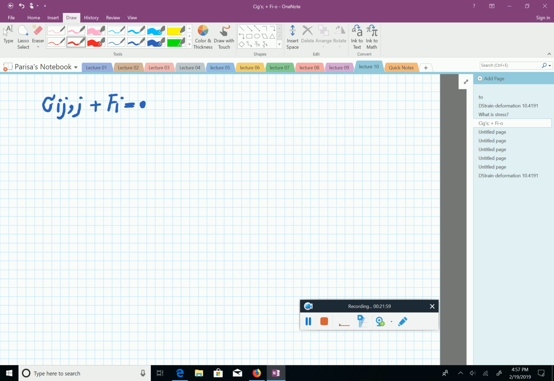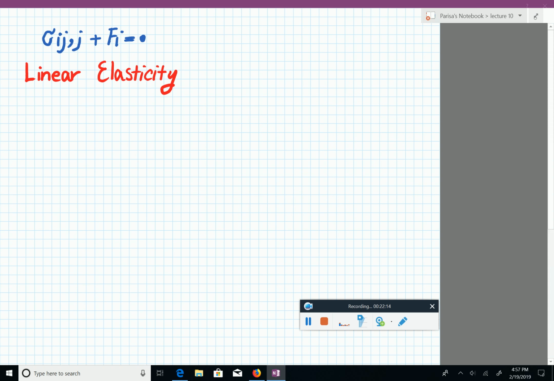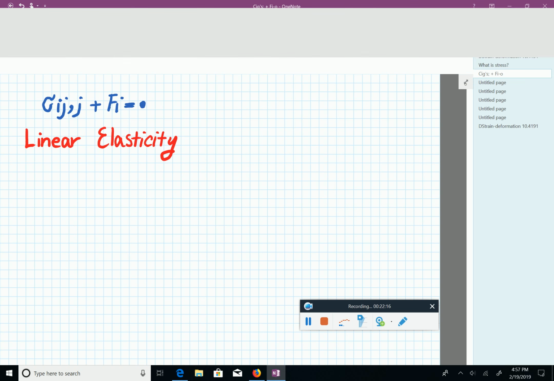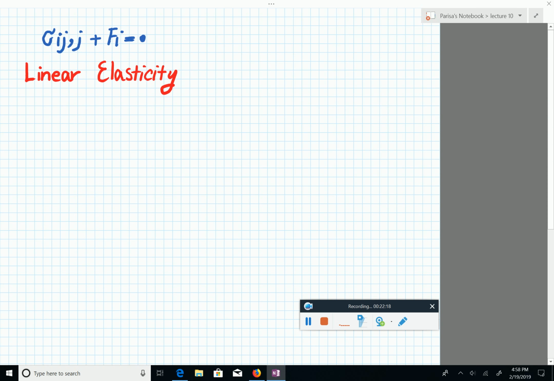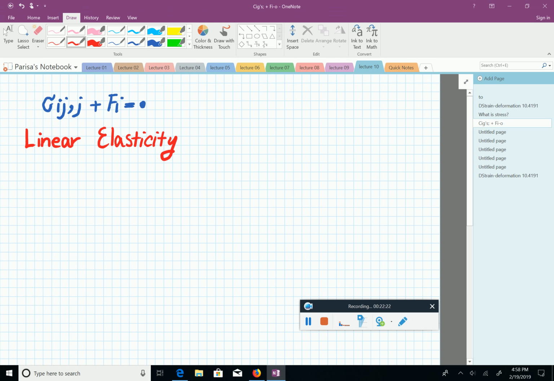So this is a linear elastic class. Everything that we talk about here is really for materials which are linear elastic. So what does it mean? Let me write down here that this is chapter 4.